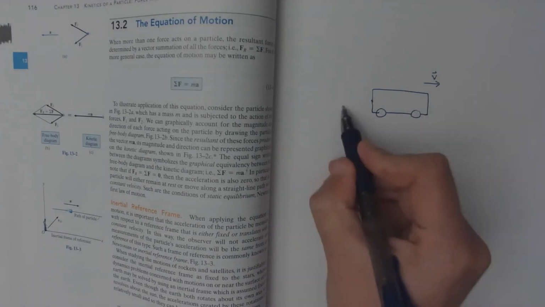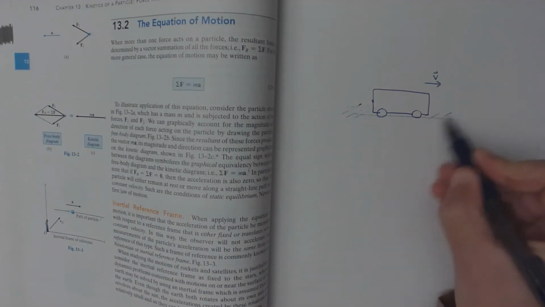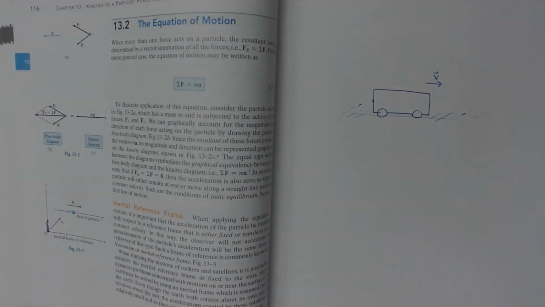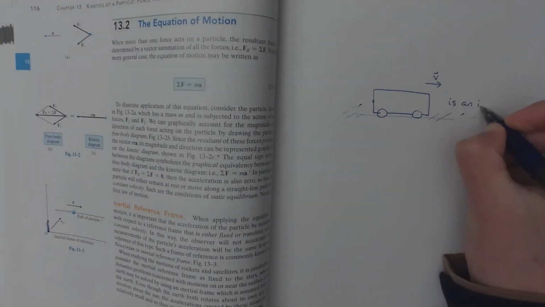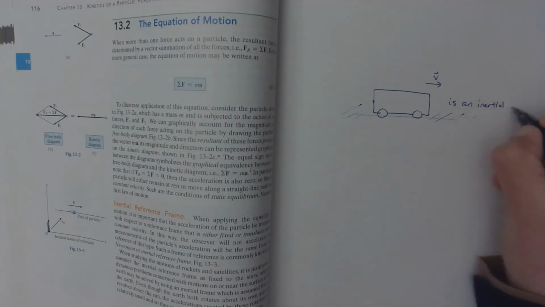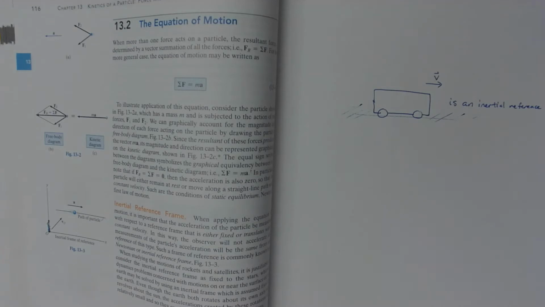So if you have a train traveling down a straight track, not turning any corners, but traveling straight with a constant velocity, this is an inertial reference frame. Any experiment that you wanted to do in the train, as long as it's traveling at a constant speed, would behave the same way as if you did it on the ground and weren't accelerating at all.